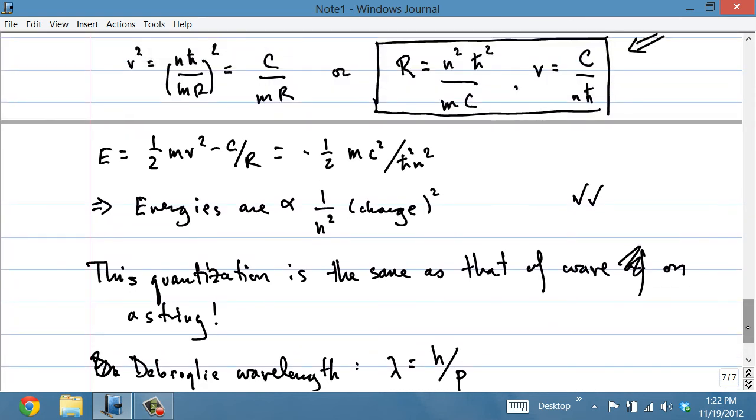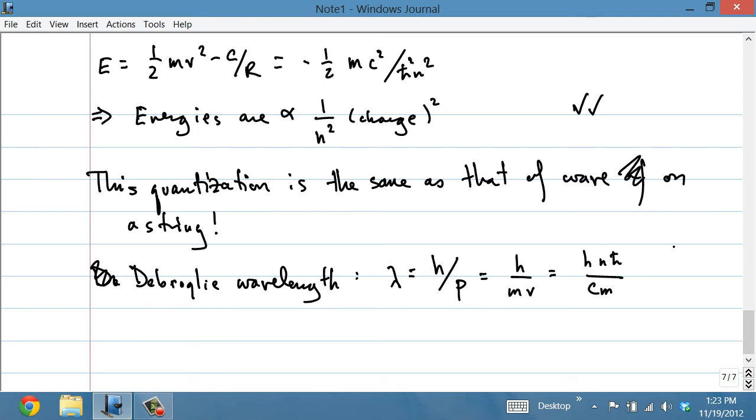So let us just go and compute that for an electron in one of Bohr's orbits. So that's lambda equals h divided by mv, mv just being mc divided by n h bar. So that's h times n h bar divided by cm, just using this formula right here.